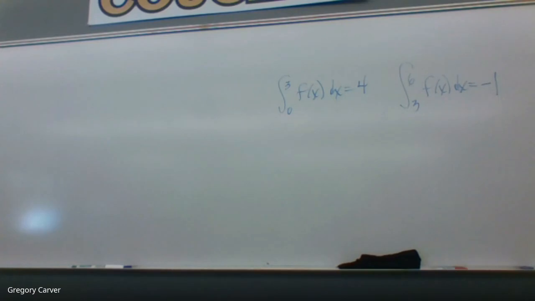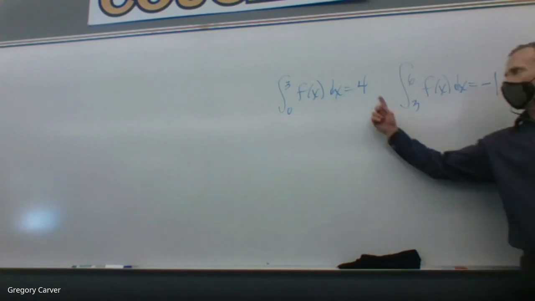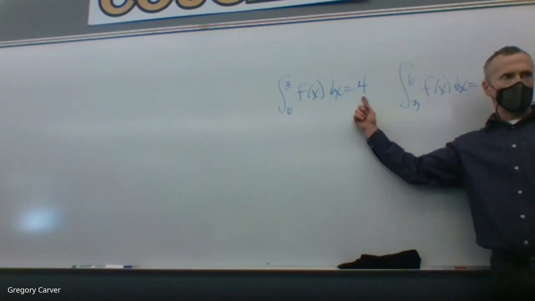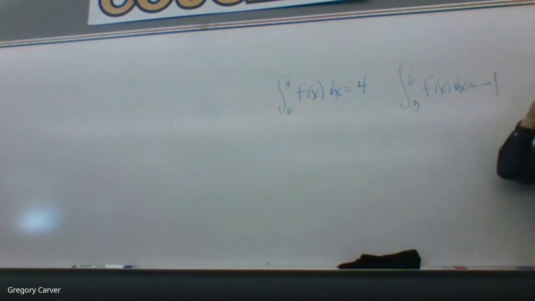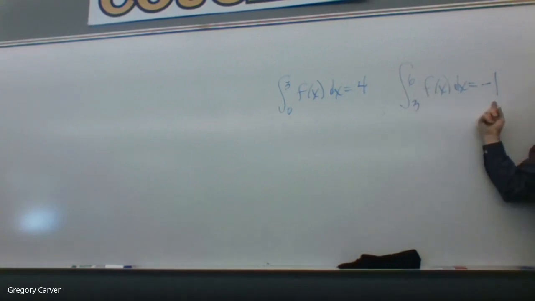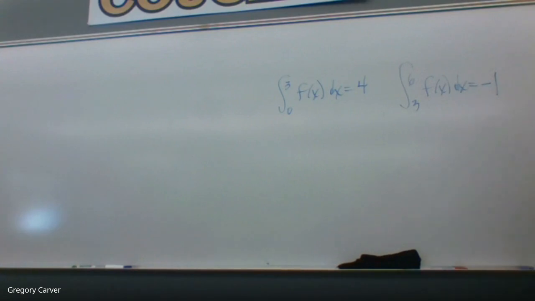This is area underneath f of x from 0 to 3. This is area under the same curve from 3 to 6. Does this need to be underneath the curve the entire way from 3 to 6? No. It just has to have one more unit underneath than it does above. You guys with me? Okay, cool.